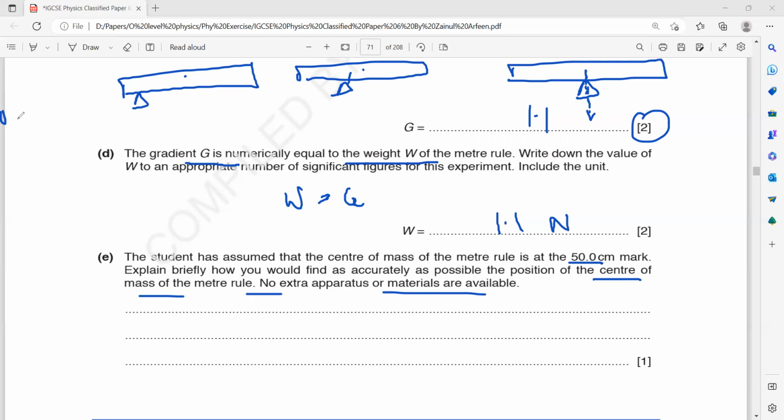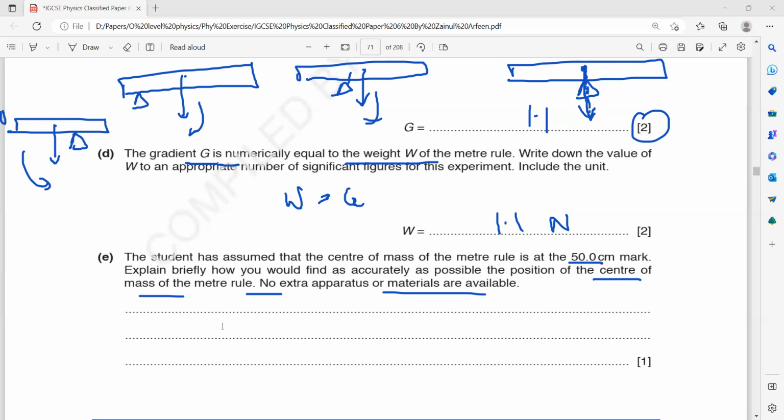Because if the pivot does not lie under the center of the mass, it will cause a turning effect, it will topple, it will rotate. But when the center of the mass or the weight is acting on the pivot, it does not cause any turning effect. So the meter rule will be balanced.